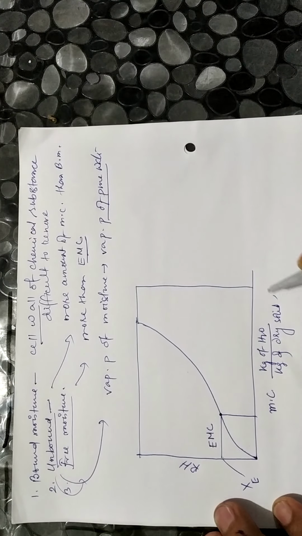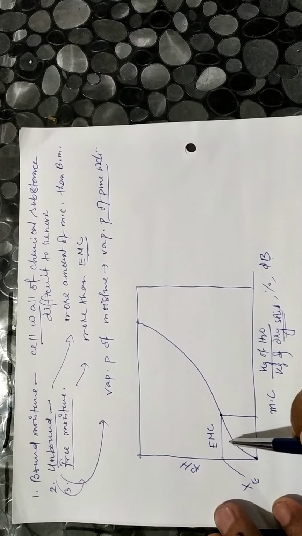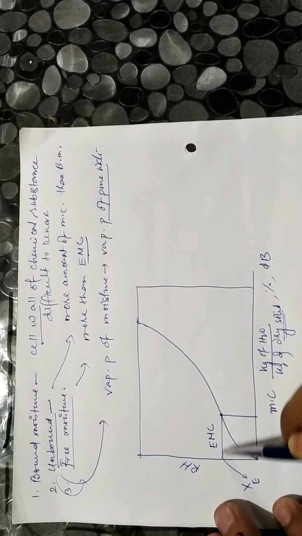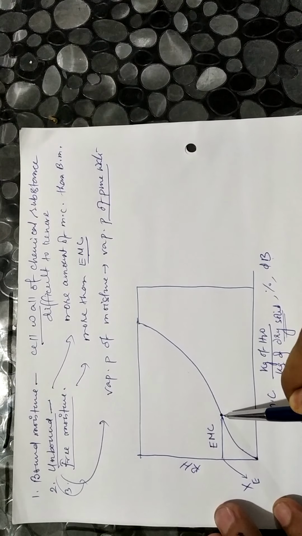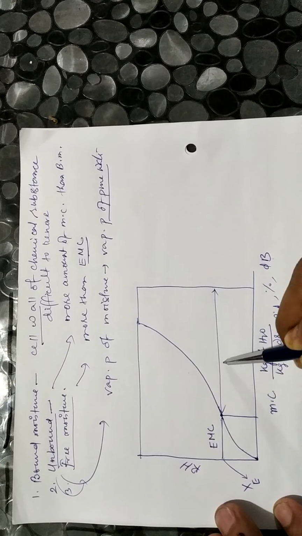This is in percentage, also called dry basis, since it is per dry solid. So the first moisture, up to this point, is called EMC. After that, up to this point is called free moisture.